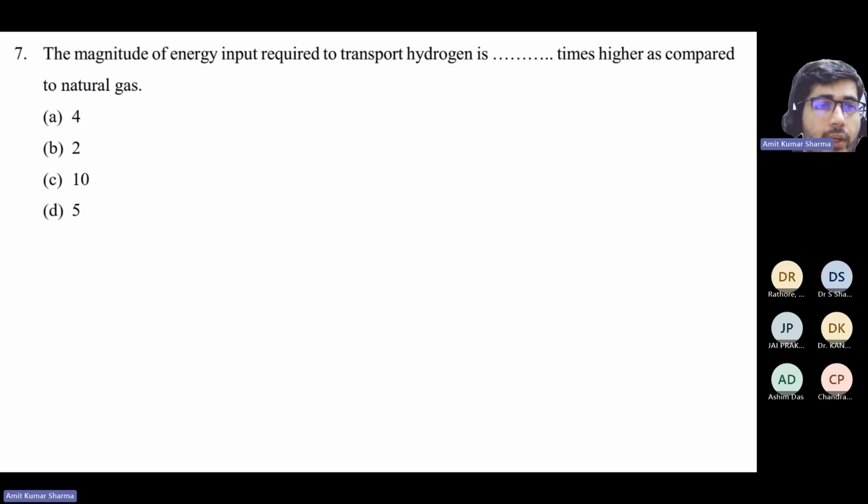The magnitude of energy input required to transport hydrogen is 4 times higher as compared to natural gas.